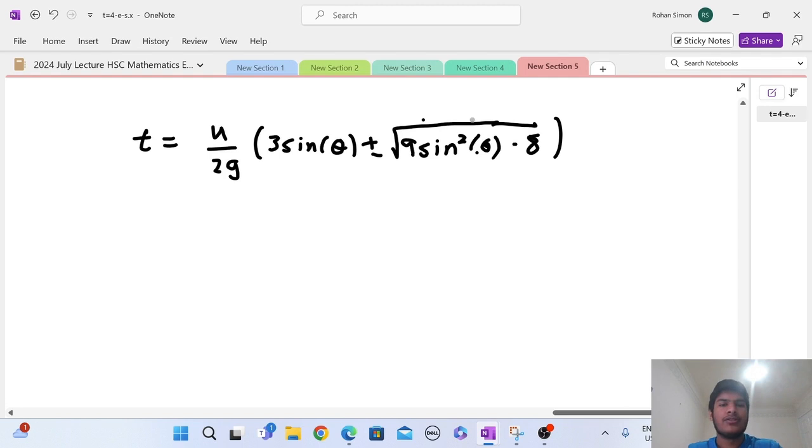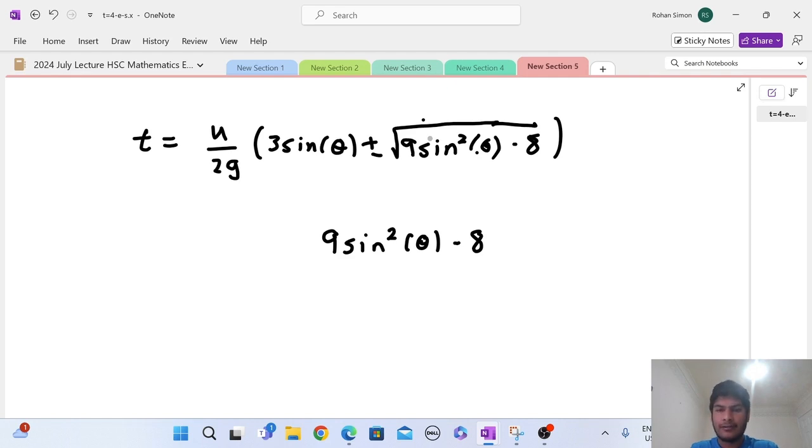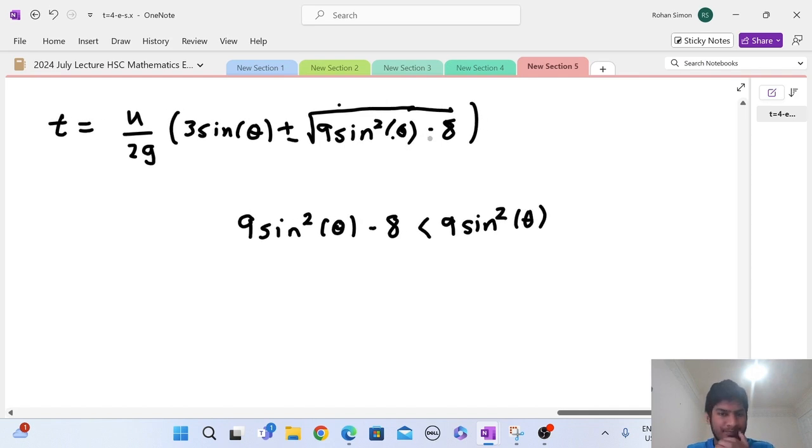Okay, so to show that it's a positive value, what we're going to have to look at is this 9 sine squared theta minus 8. Is that less than 3 sine theta is what we want to try and show. Well, clearly 9 sine squared theta minus 8 is less than 9 sine squared theta, right? Because if we subtract an 8, that has to be smaller.